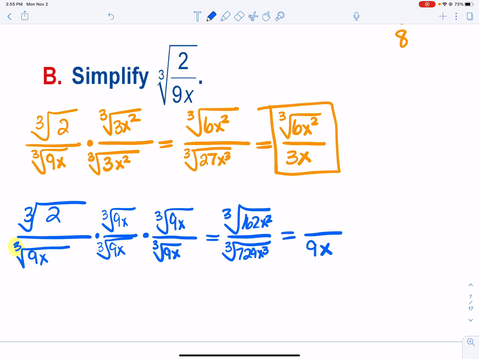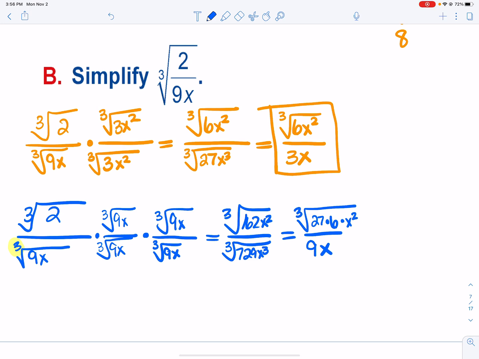All right, because I can't do this in my head, I'm going to do 162 divided by 8, because that's a perfect cube. Does not go in. So I'm going to do 162 divided by 27. Oh, it goes in 6 times. So I'm going to rewrite 162 as 27 times 6 times x squared.